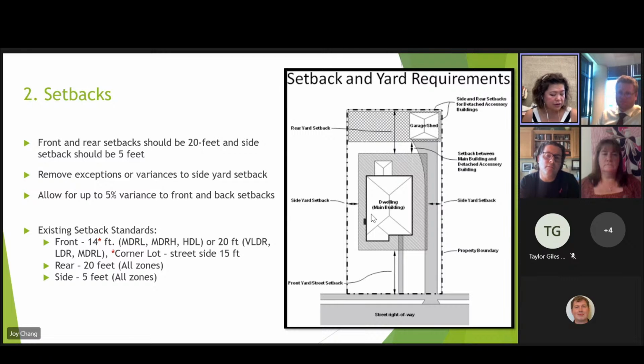Again, the variance aspect of it does have a criteria that it has to identify the minimal impact to the adjacent properties, and the applicant has considered alternatives.